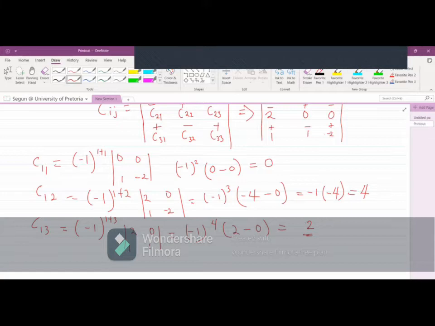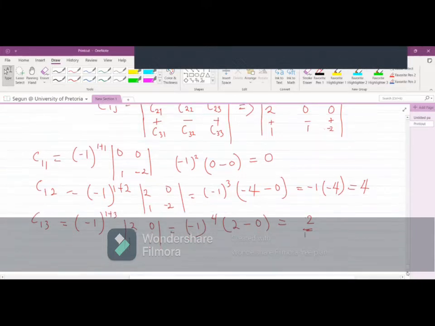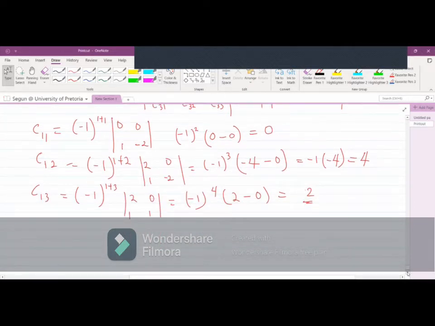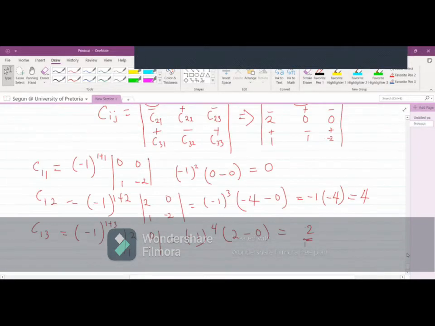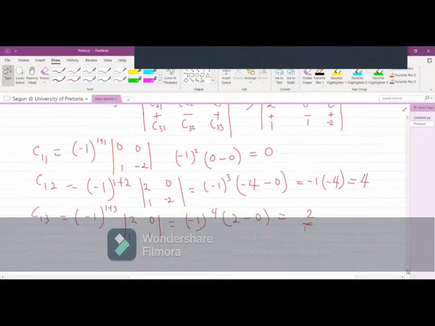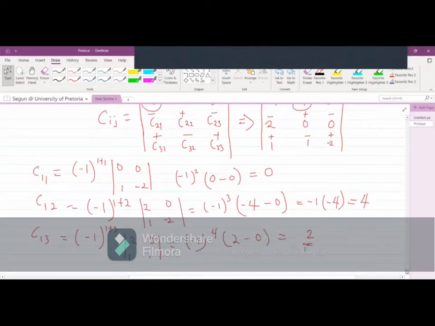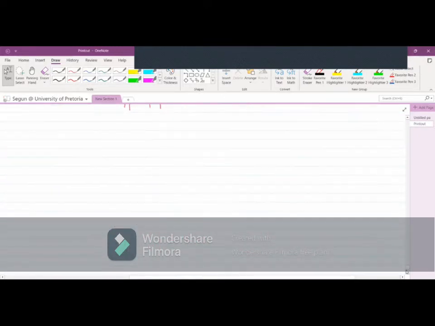Can we go ahead and do the one of C21? C21 will be minus 1 raised to power 2 plus 1.